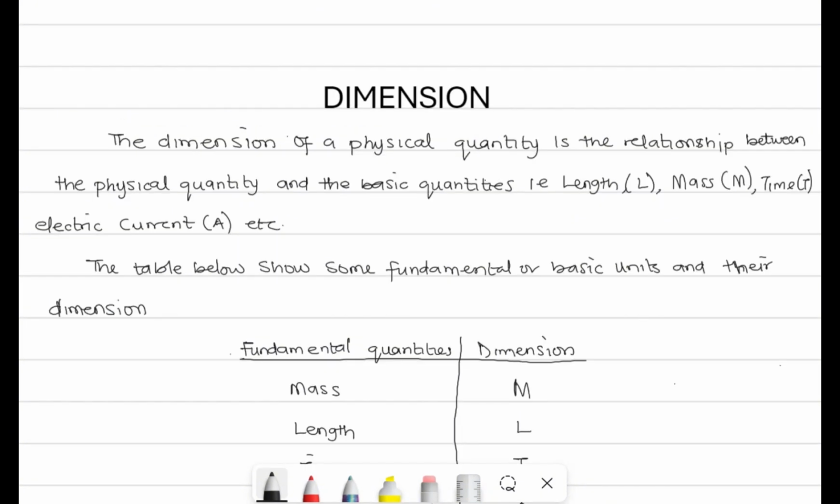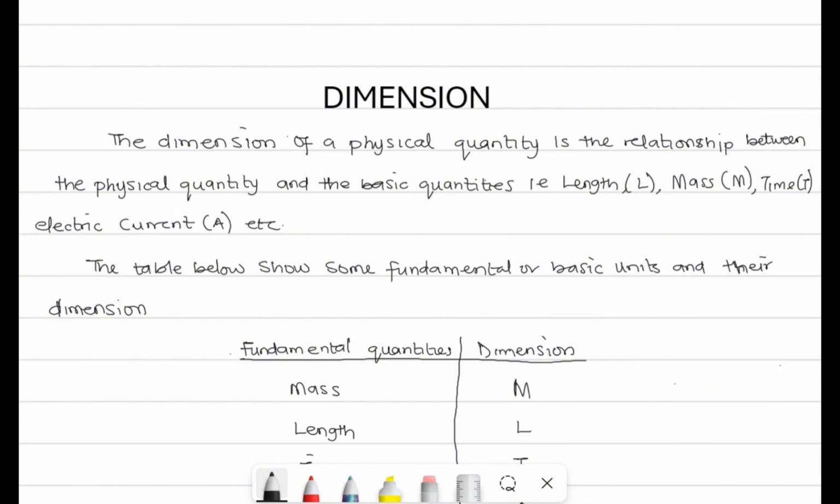Right now we're looking at dimension. What is dimension? The dimension of a physical quantity is the relationship between the physical quantity and the basic units. As we progress, you will understand what this definition is talking about. Basically, dimension takes a quantity and tells you how the fundamental or basic quantities are playing in that physical quantity.